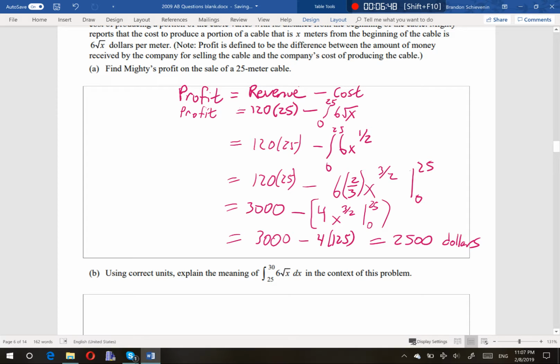So then I need to explain the meaning of the integral from 25 to 30 of 6 root x dx using correct units in the context of the problem. So 6 root x is how much it costs the company to produce a portion of the cable that is x meters from the beginning.